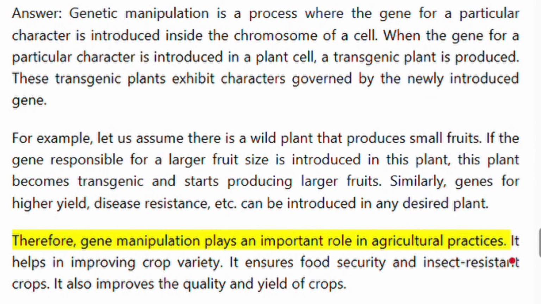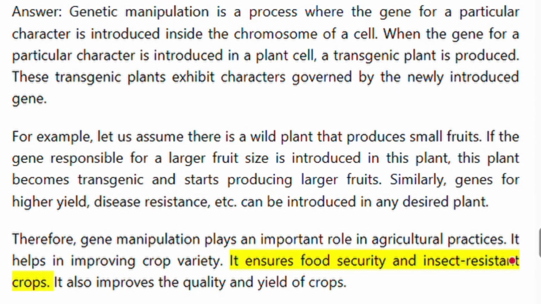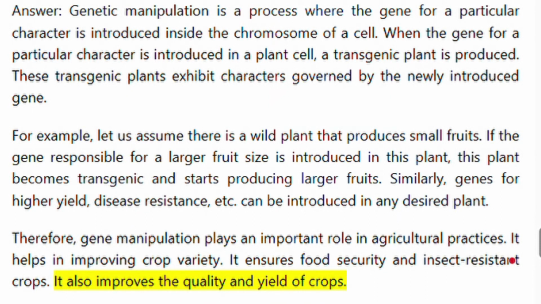Therefore, gene manipulation plays an important role in agricultural practices. It helps in improving crop variety. It ensures food security and insect-resistant crops. It also improves the quality and yield of crops.